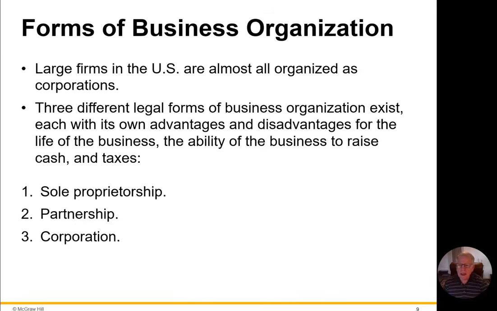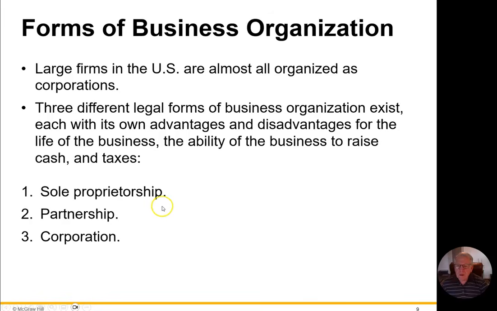So as we move into the next section here, we have forms of business organization. And in this case, most large firms in the US are almost all organized as corporations. They could be a private corporation, but most are public.